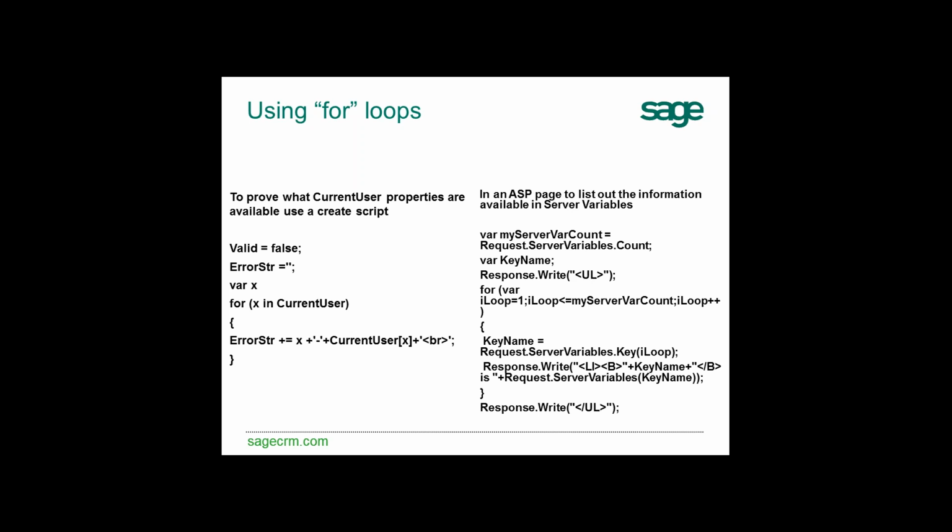So for each of the items in something, in the case of the current user, you've got this for in, and you've got the for where you are building your own variable and starting to step through the item with your own increment. You can see on the right hand side where you've got an i loop plus plus, you're using there the increment to constantly move on the check and to see whether the for is still true.